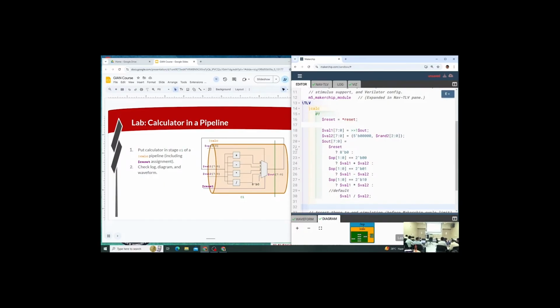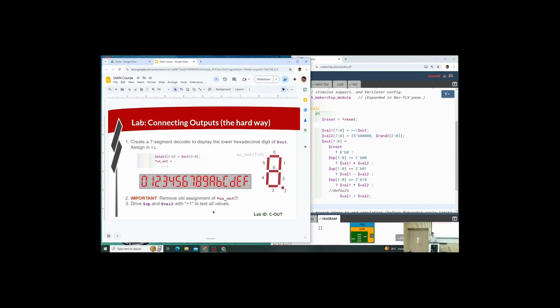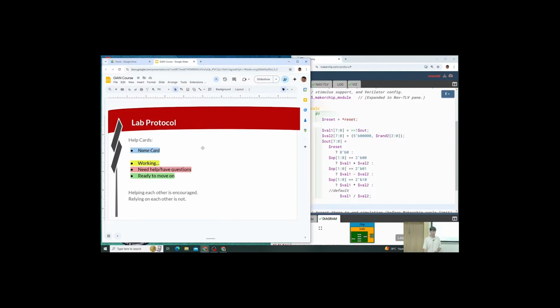Folks are handing out colored cards. We should have blue, yellow, red, and green. I'll wait for those to get handed out. I think pretty much everybody has them at this point.